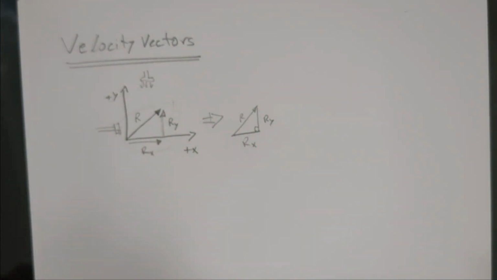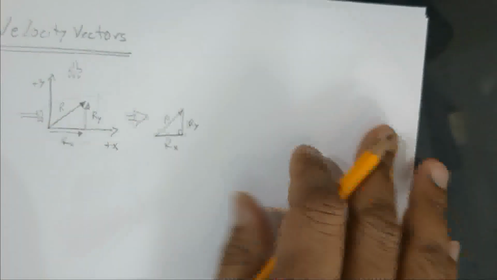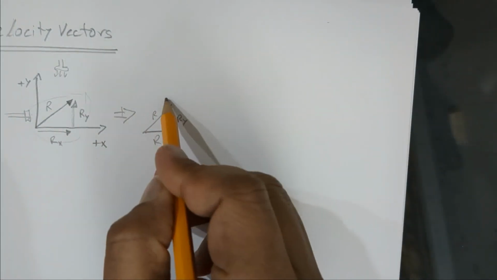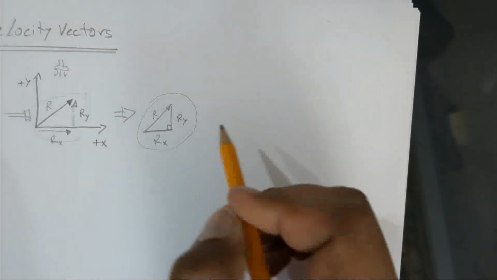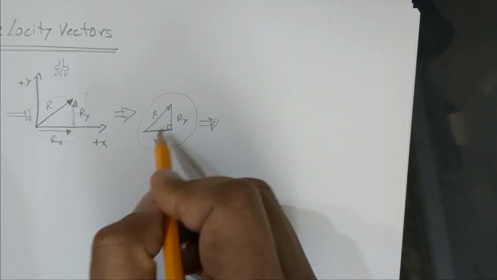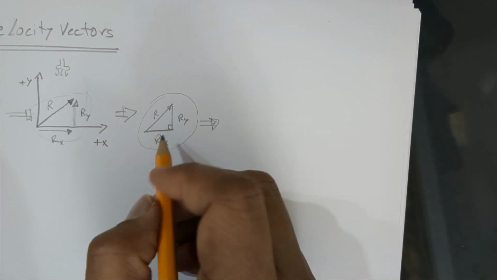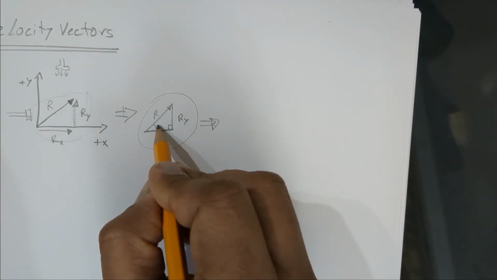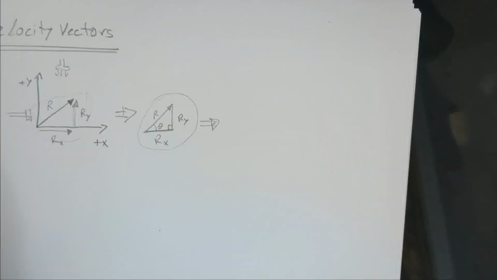So now let's put this triangle into certain equations so we can solve it if we don't know any component of these vectors. And I would like to add one more here, theta. You will find this very useful when we actually do the problem.